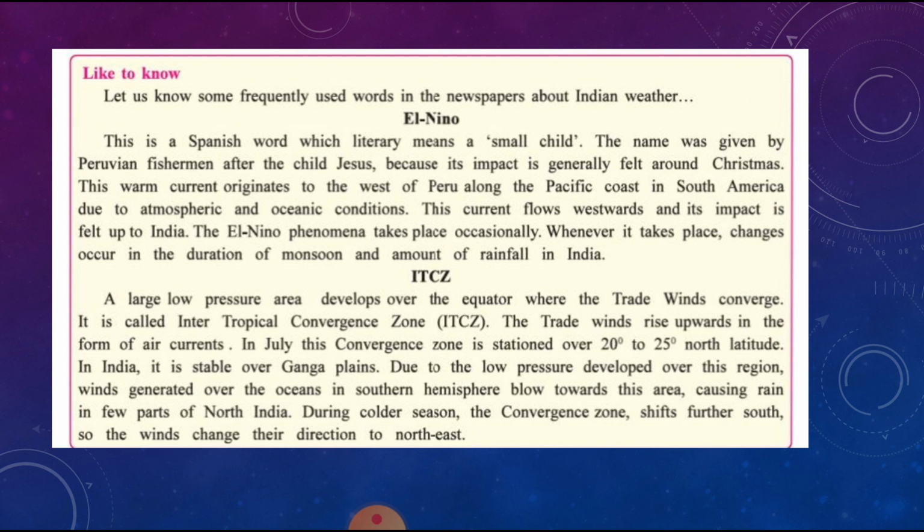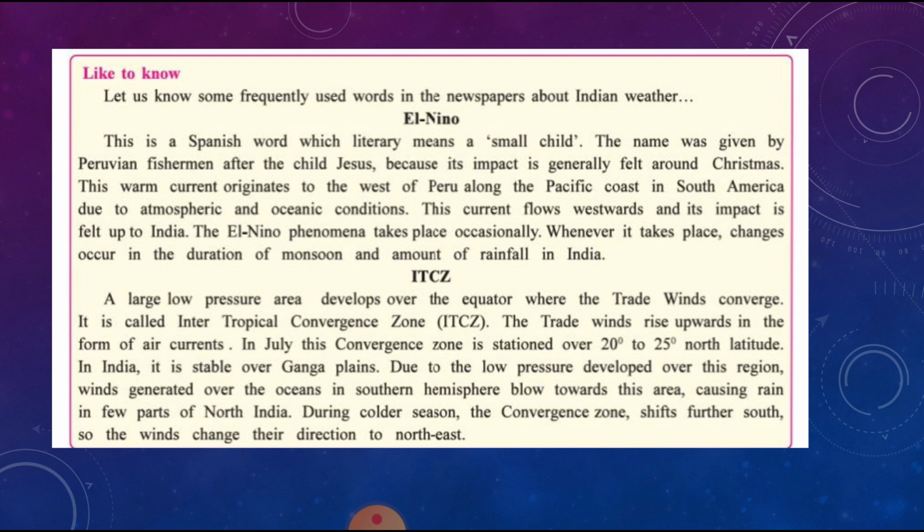Now, let us know some frequent words used in the newspaper about Indian weather. Which are they? The first one is El Nino. See, El Nino is a climatic cycle in the Pacific Ocean with a global impact on weather patterns.